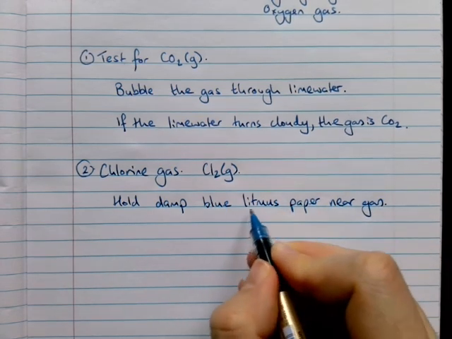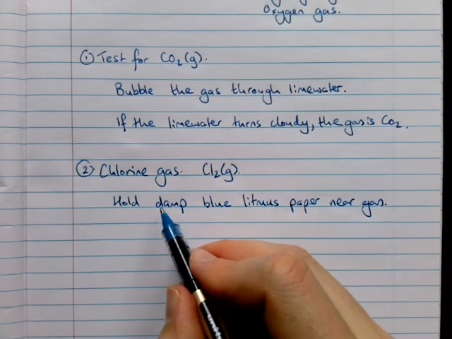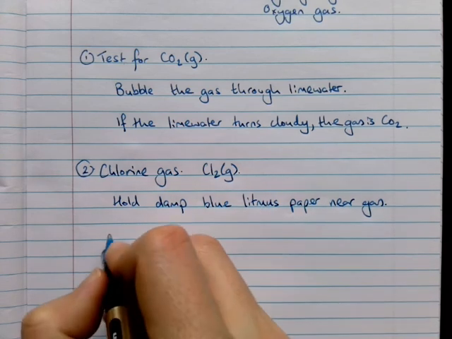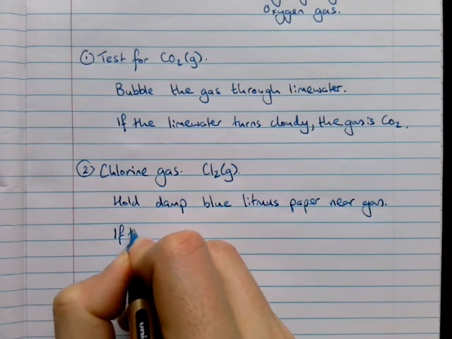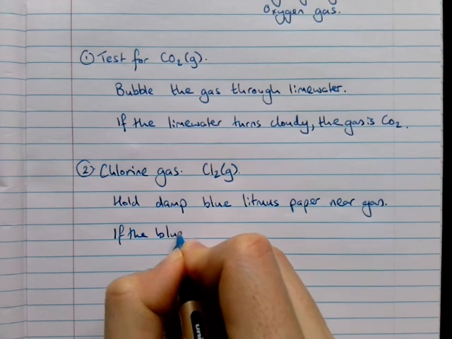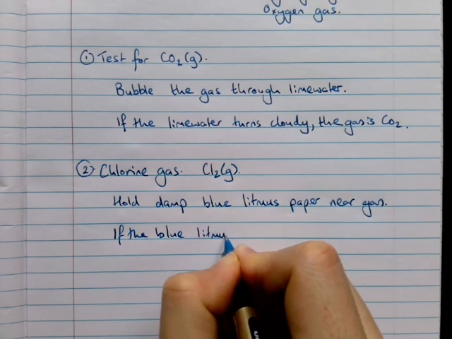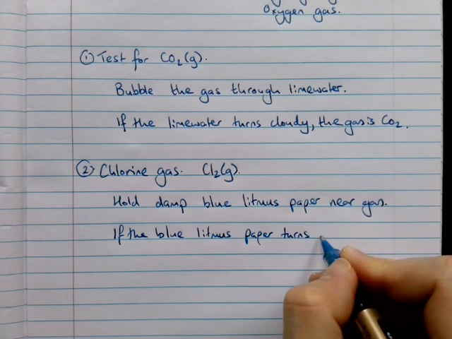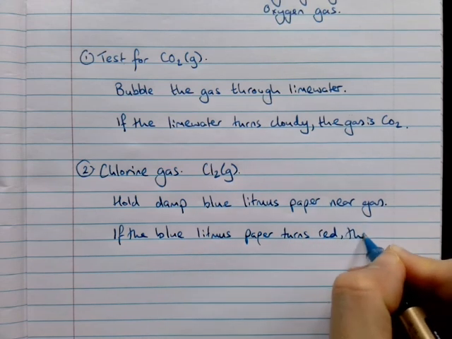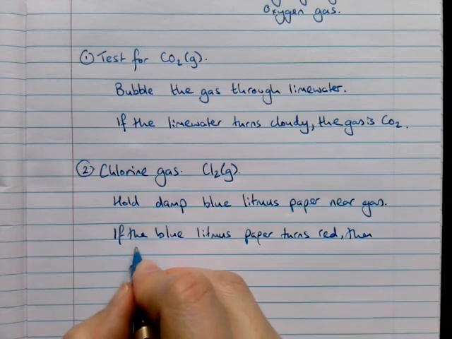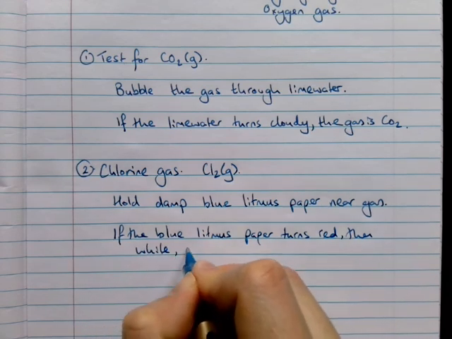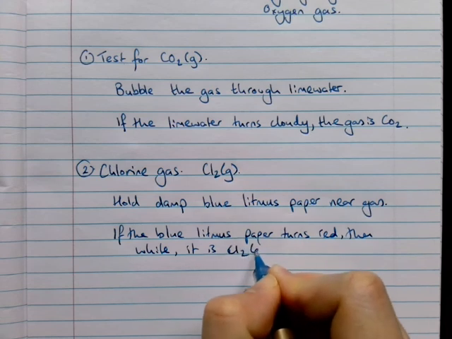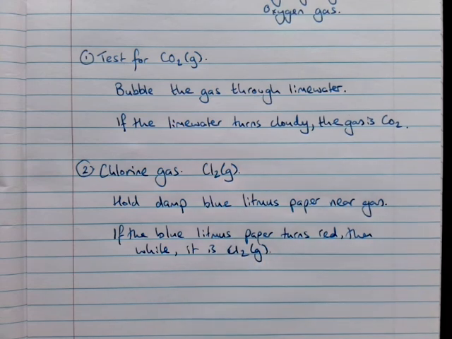This is just a special type of paper that's blue. We just make it damp with a bit of water, hold it near the gas, and then if the blue litmus paper turns red, then white, it is Cl2 gas. So that's the test.